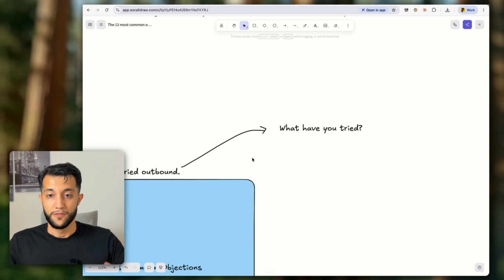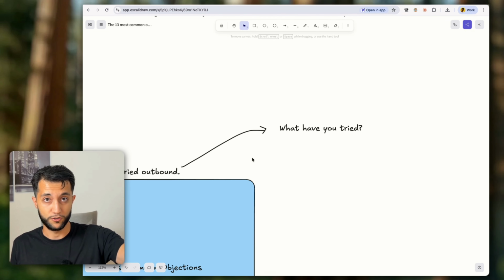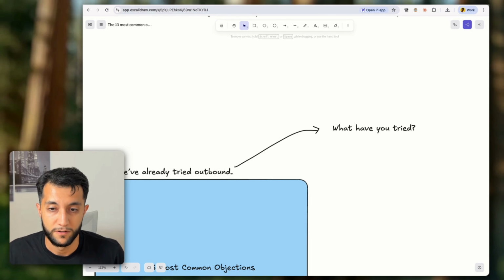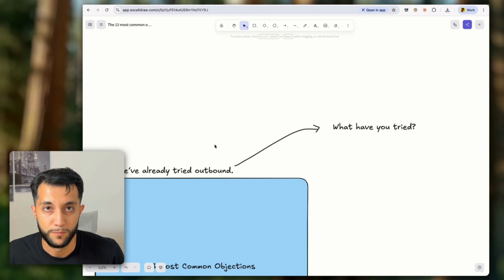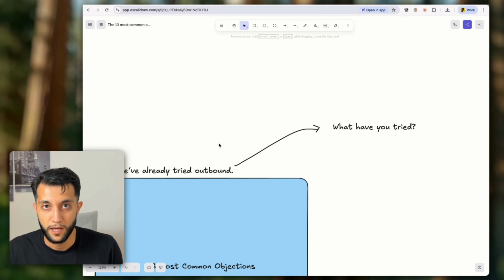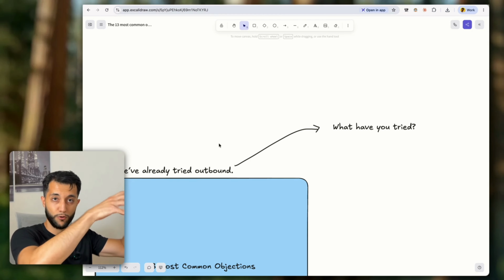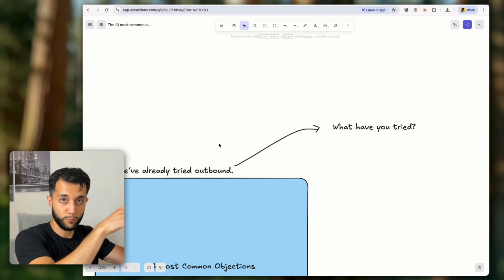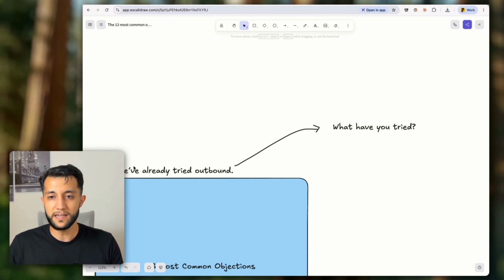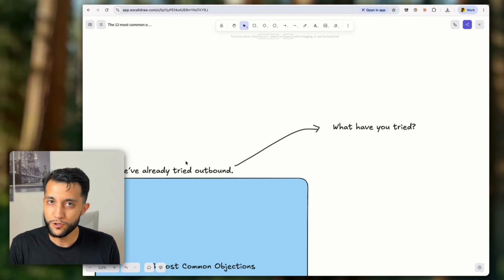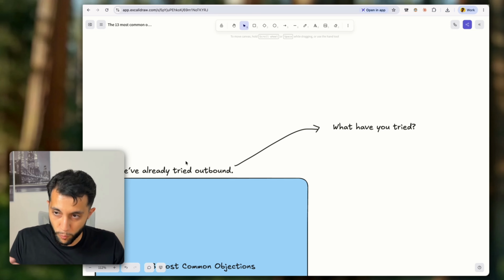It exists. There is a world where outbound works, and it doesn't matter whether you've tried outbound or not, because apparently you didn't make it work. And the only thing that counts in the real world is whether you made it work or not. So just saying we've tried outbound doesn't really move the needle for you, because you're not getting where you want to go.